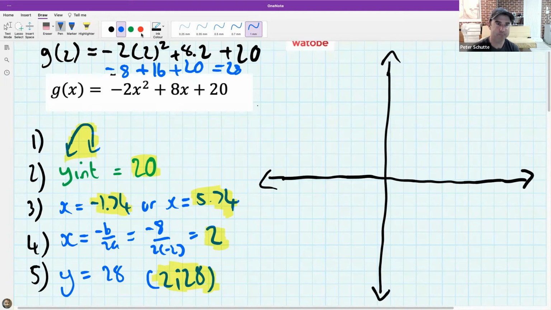Okay. Now, I always like to draw myself an axis of symmetry, just to kind of get my bearings.